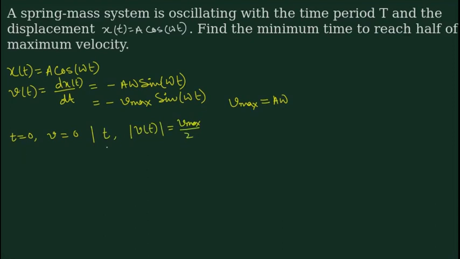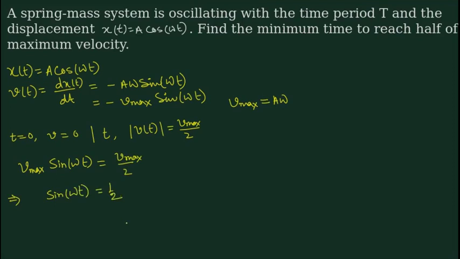And we also know that the t will be somewhere where sine omega t is positive. Okay. So the magnitude of the velocity will be v max into sine of omega t equal to v max by 2. Okay. So that means sine of omega t equal to half.